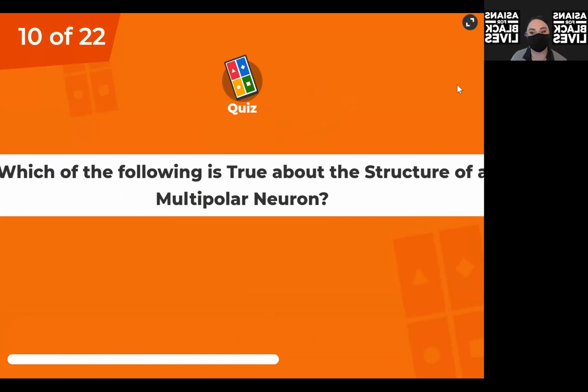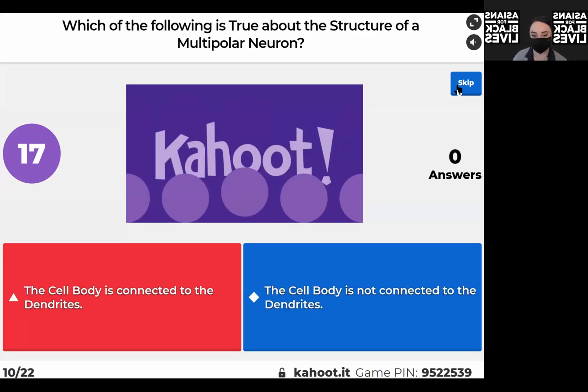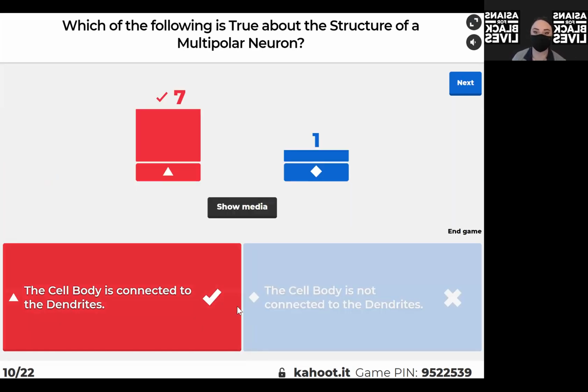Which of the following is true about the structure of a multipolar neuron? Good, the cell body is connected to the dendrites. Remember, that's because in this case, we do have to prioritize directions coming from the brain.